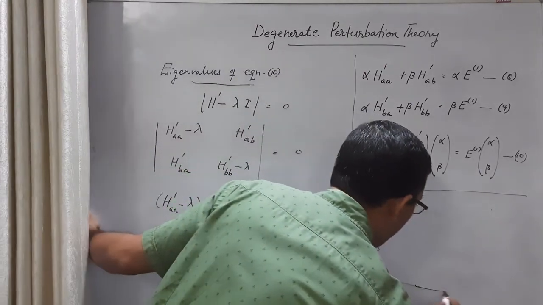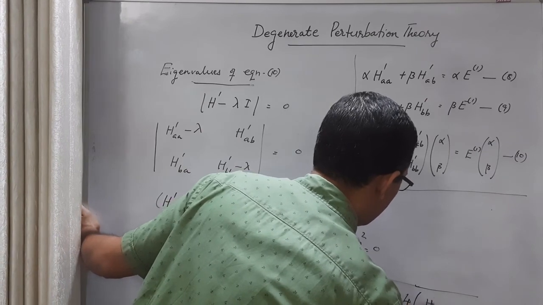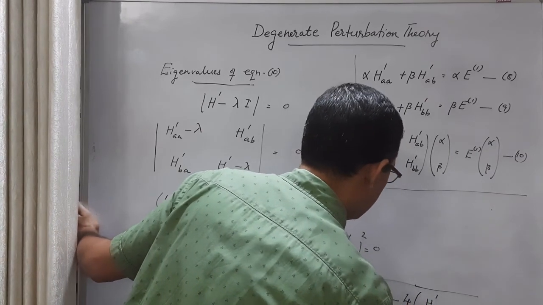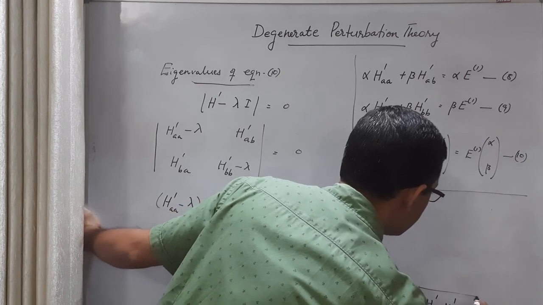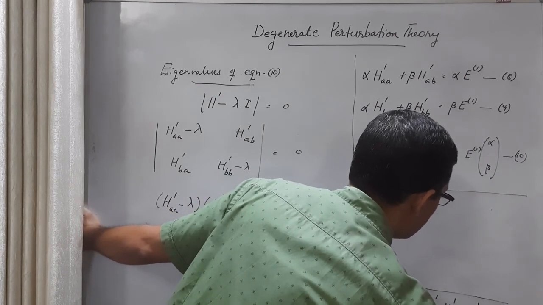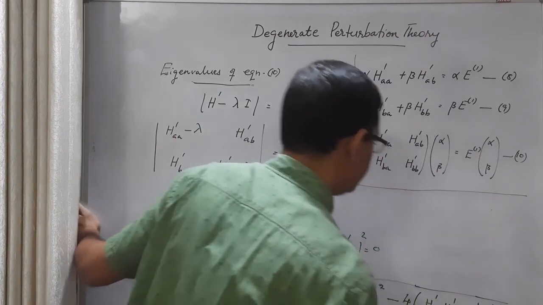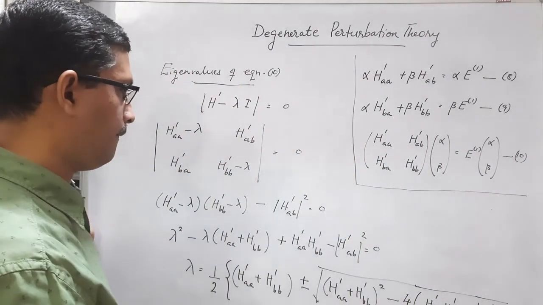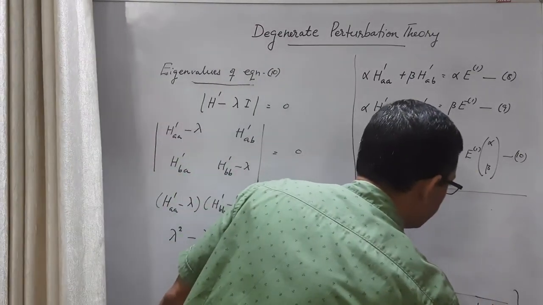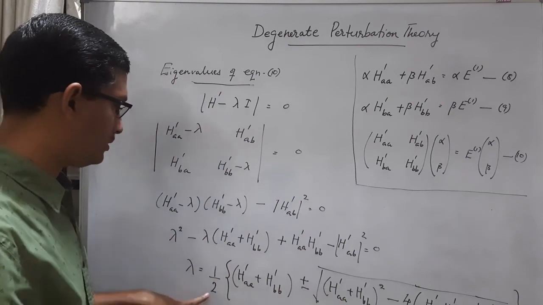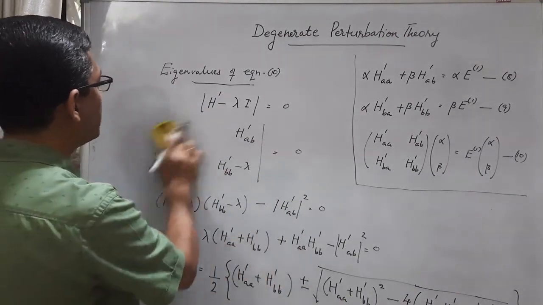This is c, so 4 times H prime AA H prime BB minus modulus H prime AB square. We get this, all divided by 2a, that is 2. We can make a simplification here.